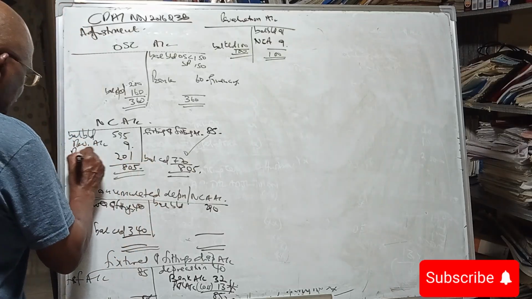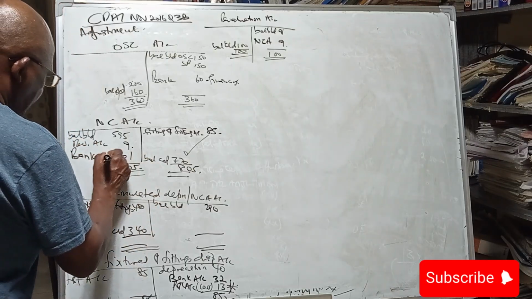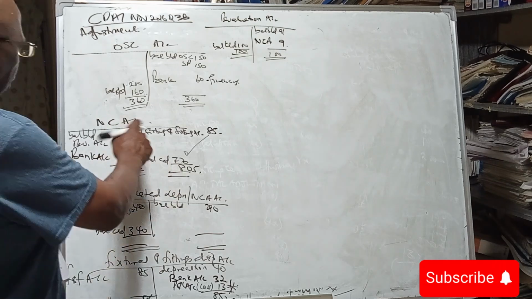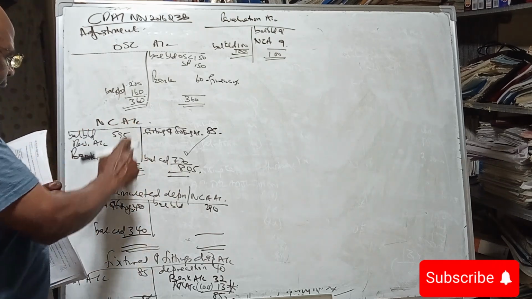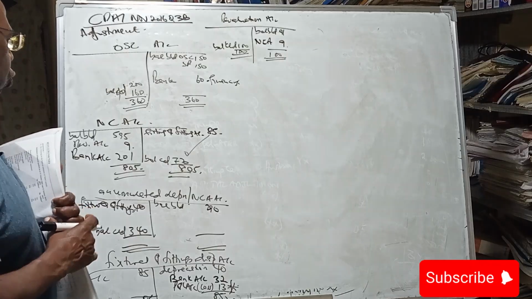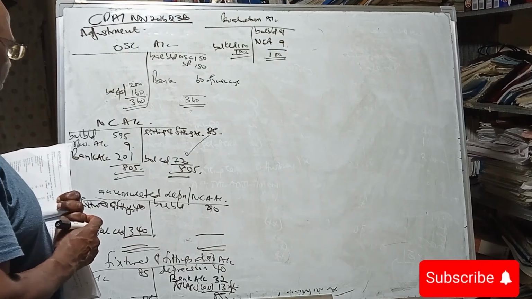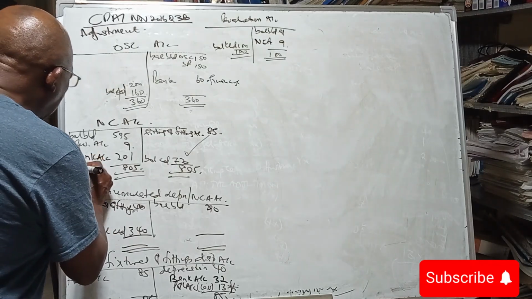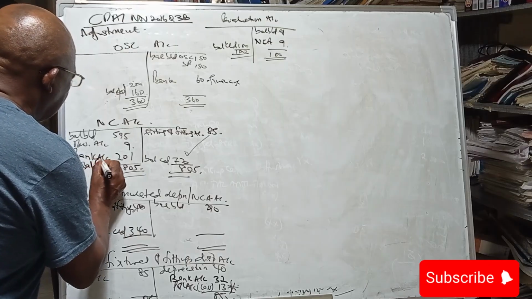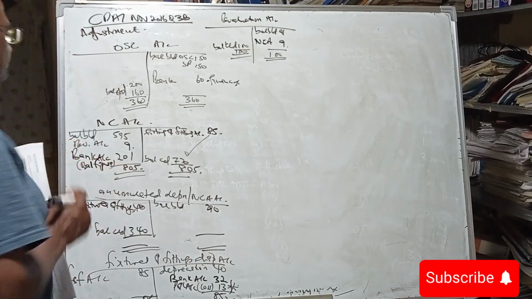We bought non-current assets amounting to 201 that year, and that becomes the balancing figure.